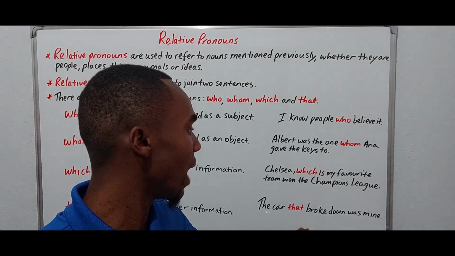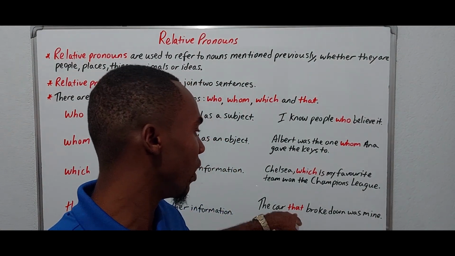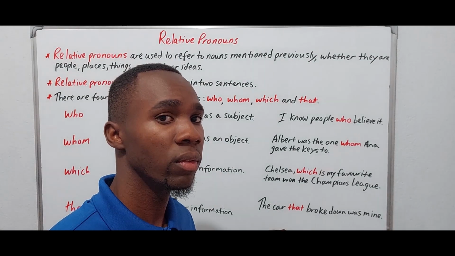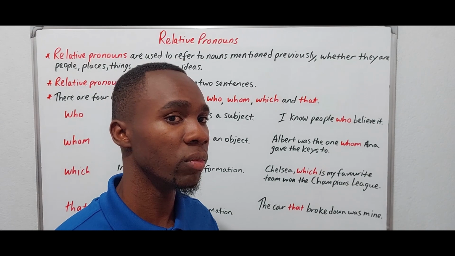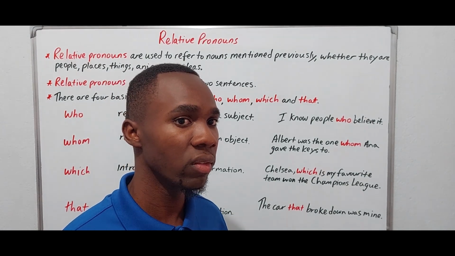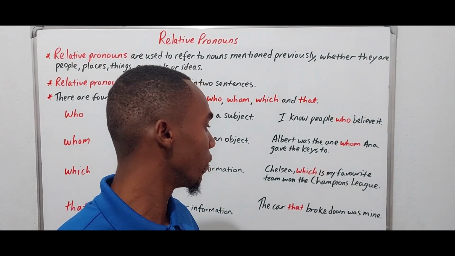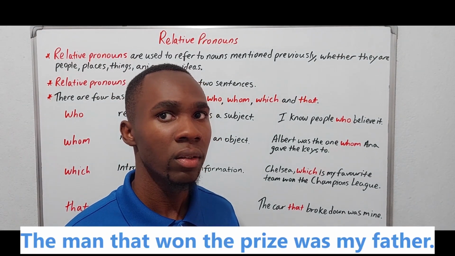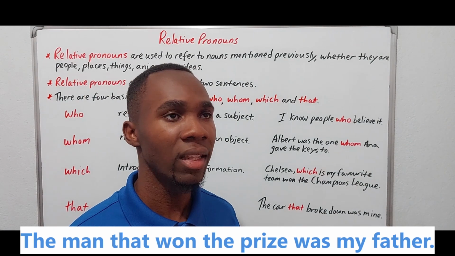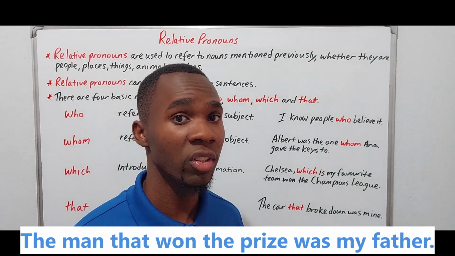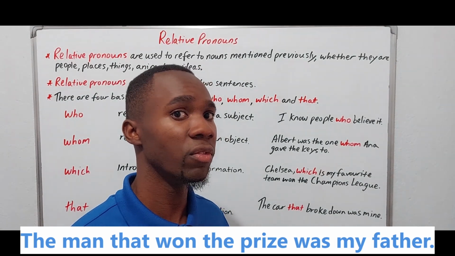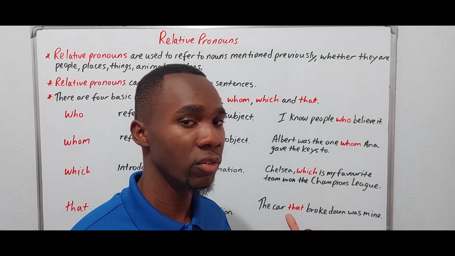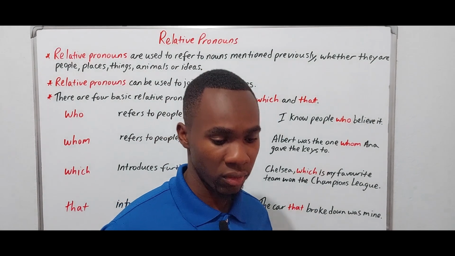So the car that broke down was mine. The that is obviously referring to the car, right? But like I said, that can also be used to refer to persons. So for example, the man that won the prize was my father. So the that is referring to the man. Okay? So that can be used to refer to people or things.